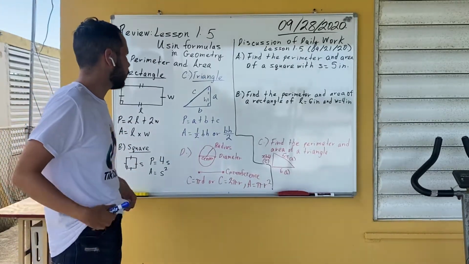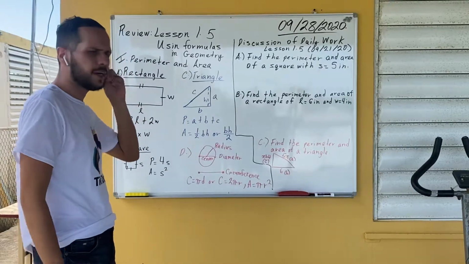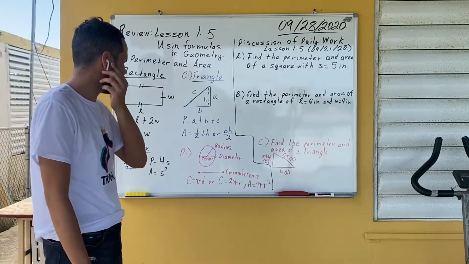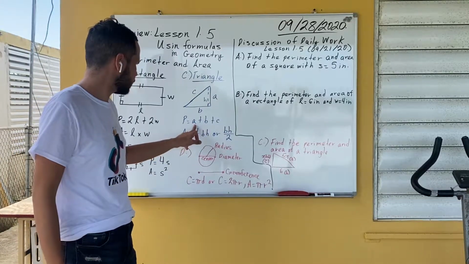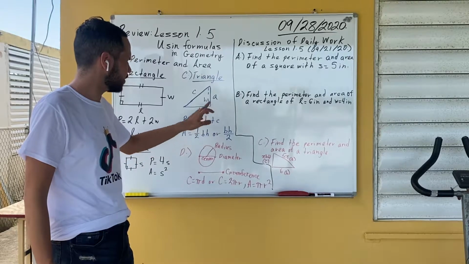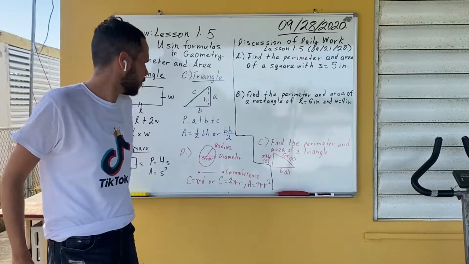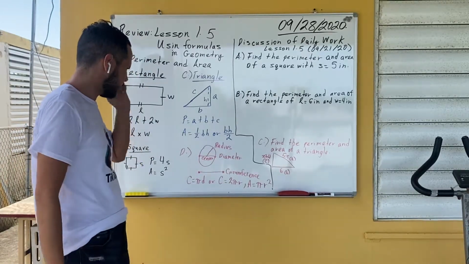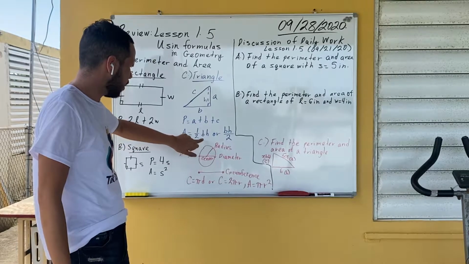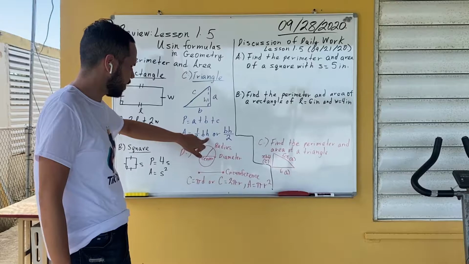When we're talking about a triangle, this is what we have. If we want to find the perimeter of a triangle, we said in class that we add side A, side B, and side C. To find the area, the formula says 1/2 of the base times the height.